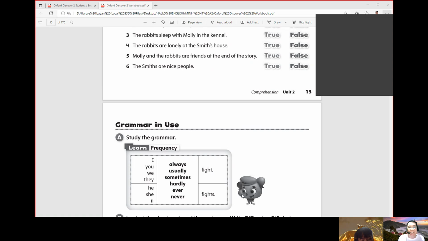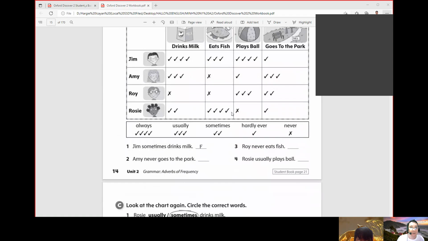Adverbs of frequency talk about how often we do something. Always, usually, sometimes, hardly ever, and never are some of the adverbs of frequency. Do you have questions with this, Min? No, I don't have. Okay, so let's proceed now to the other one.